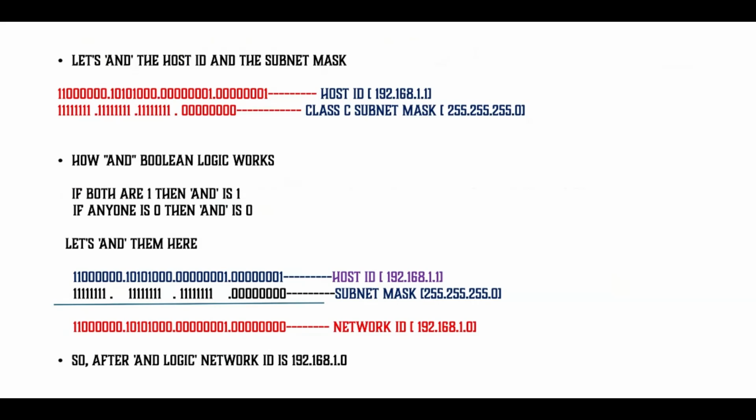How does AND Boolean logic work? If both are 1 then AND is 1. If any one is 0 then AND is 0. Let's AND them here. So, after AND logic the network ID is 192.168.1.0. So, we get network IDs by the AND logic.